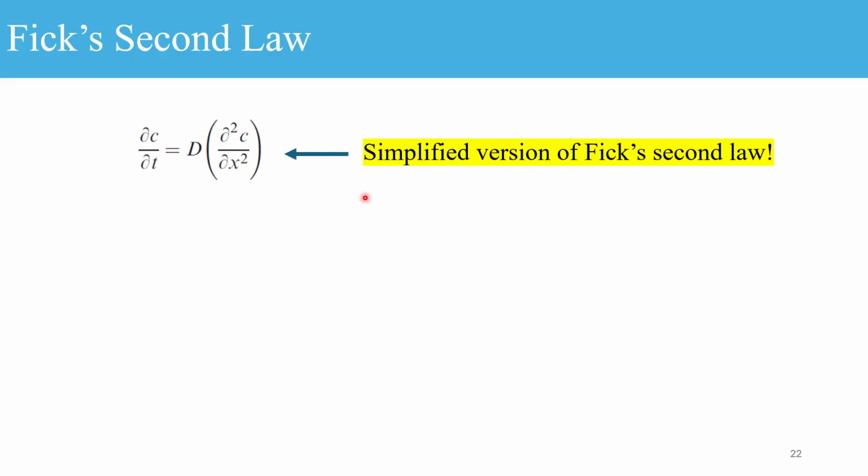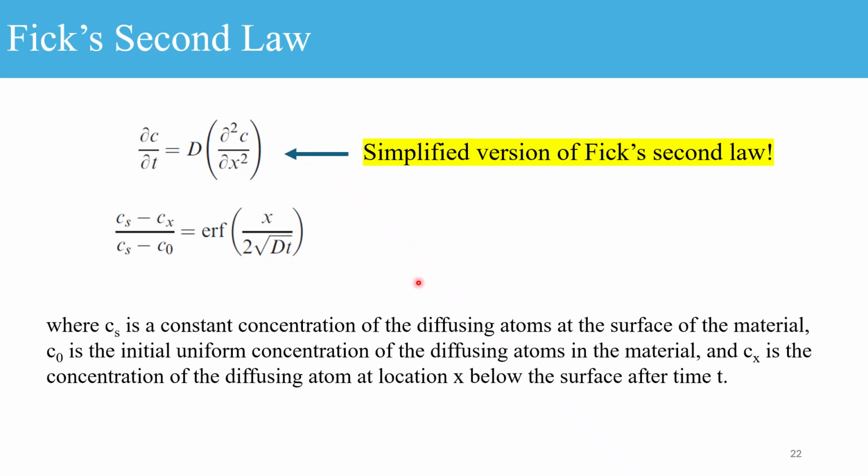In terms of concentration gradient and time, we can write this as (Cs minus Cx) divided by (Cs minus C0) equals erf of x divided by 2 root Dt, where Cs is a constant concentration of diffusing atoms at the surface of the material, C0 is the initial uniform concentration in the material, and Cx is the concentration at location x below the surface after time t.